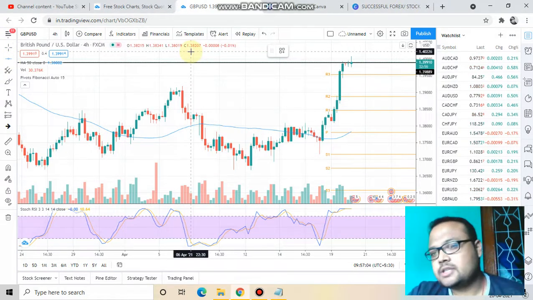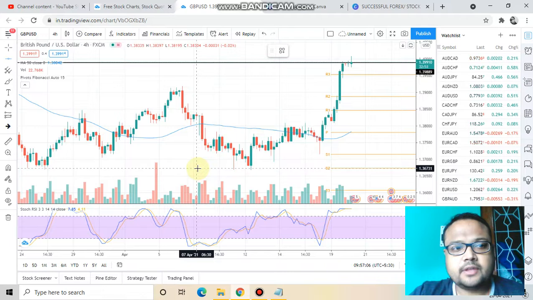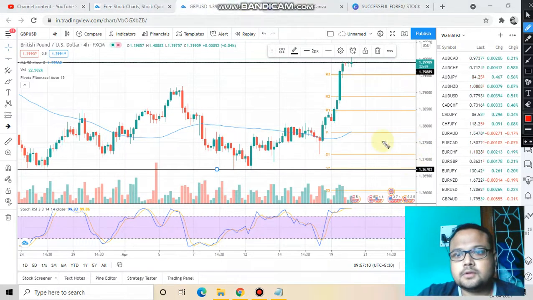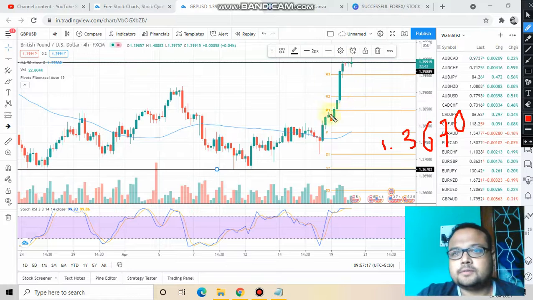In this particular chart for GBP USD, the safest entry will be this level, 1.3670. So in comparison to this particular level, this level is much more safe.